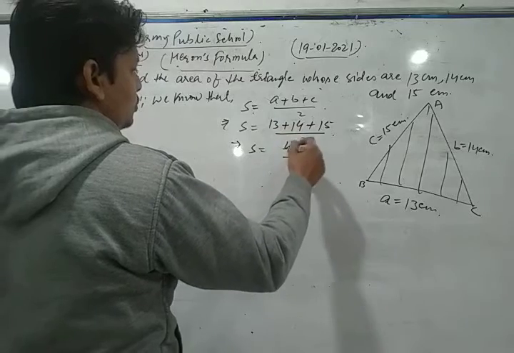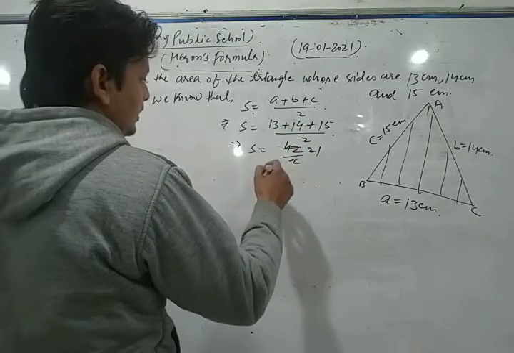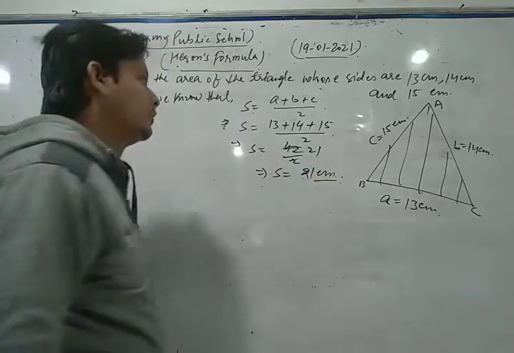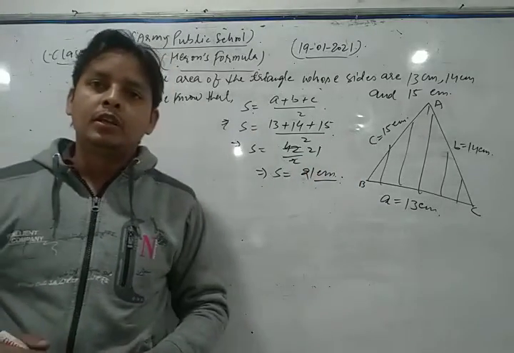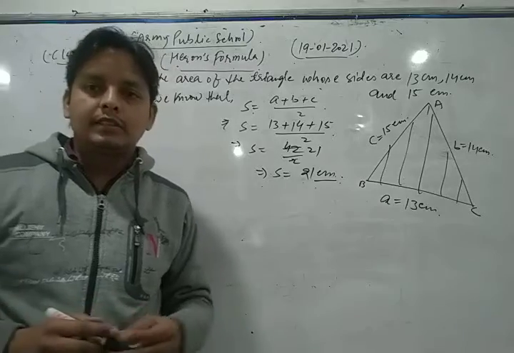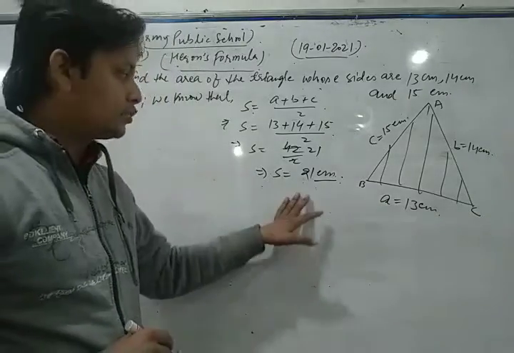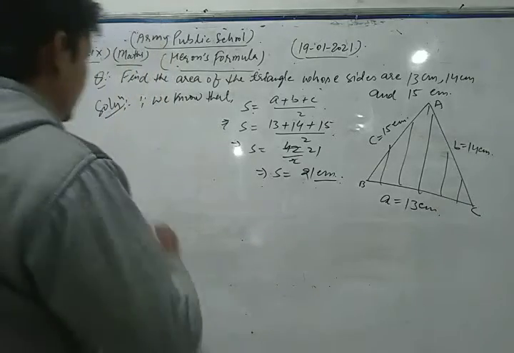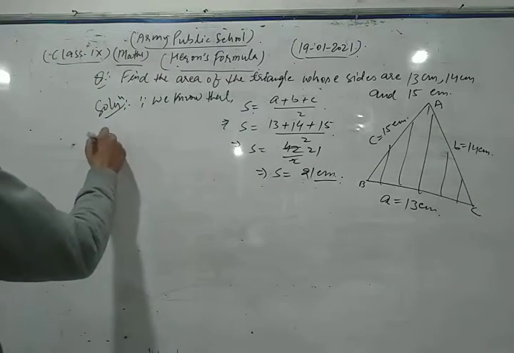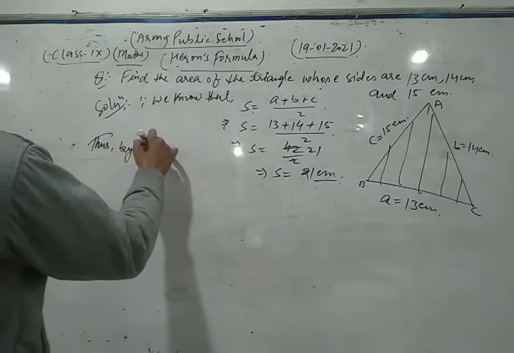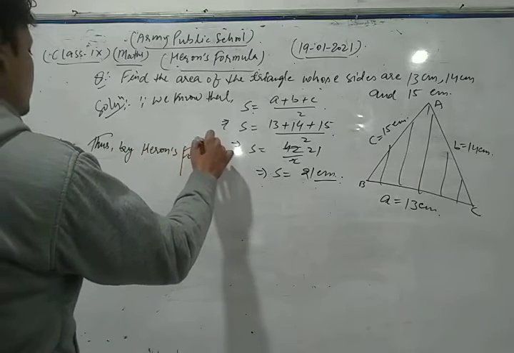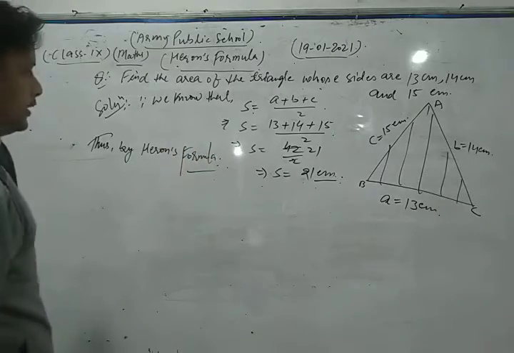42 upon 2, that is 2 to the 4, 2 on the 2. The value of the semi-perimeter is what? 21 centimeter. Thus in this way we get the value of S, means the value of semi-perimeter, is 21. Now we use Heron's formula.